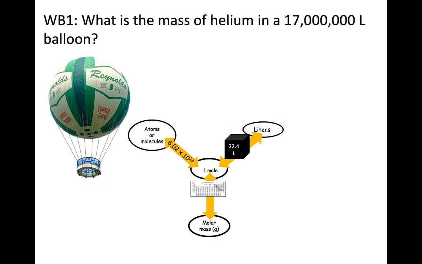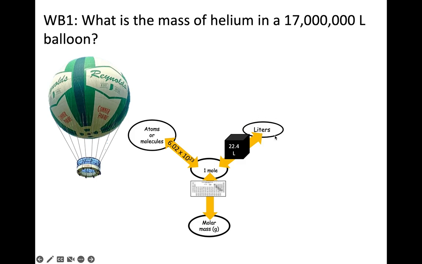and figure out how much of something we have. All right, and as an example today, all I wanted you to do was convert the mass of that big helium balloon they use down there at Conner Prairie that probably most of you have at least seen, if not ridden in. Well, it's a 17 million liter balloon. So we have the volume of the gas, and I'm asking you what is the mass of the helium in it.